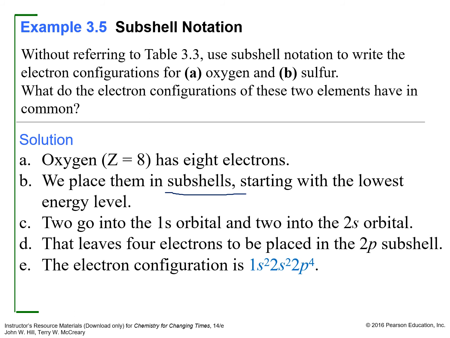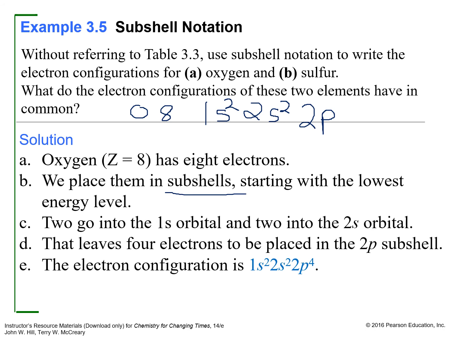So oxygen has 8 electrons. I will start with 1s, and s has a maximum of 2 electrons. Then I go to 2s, 2 more electrons, and I go to 2p, and then I count 2, 4, and I have 8.